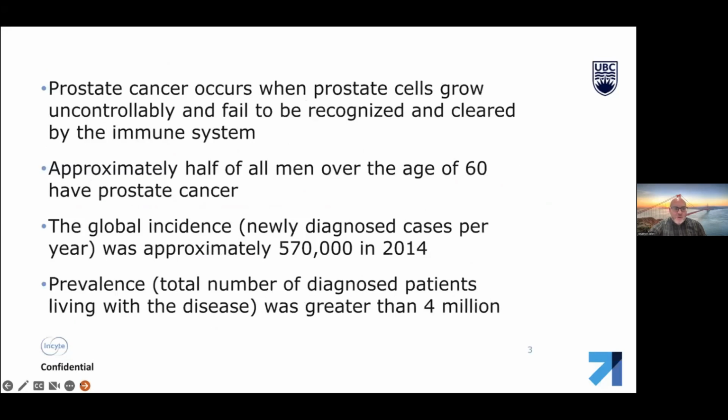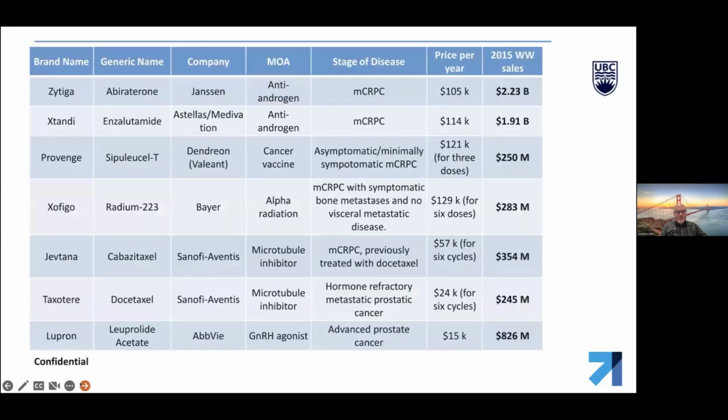So if you don't know much about prostate cancer, half the men over 60 will have prostate cancer at one point in their life. The prevalence is quite big, but it's really important to understand the subsets within prostate cancer.